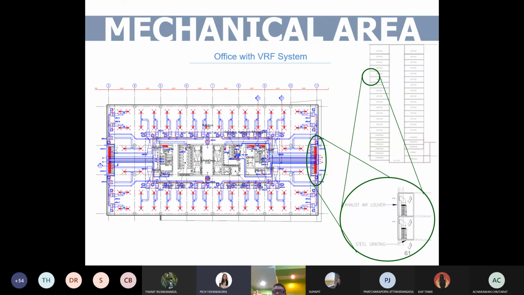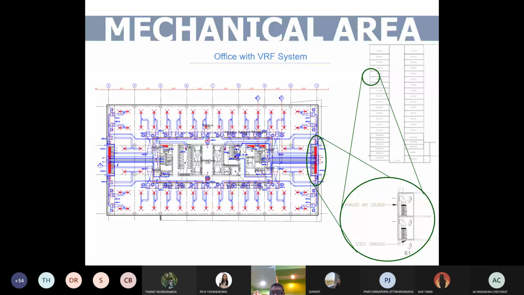Okay. You can use the split type with inverter, or you can use the VRF because it's 5 stories.